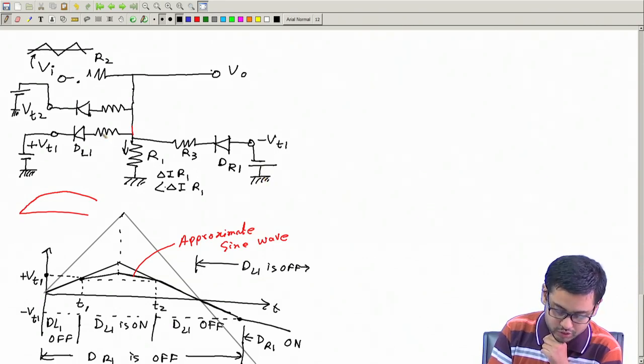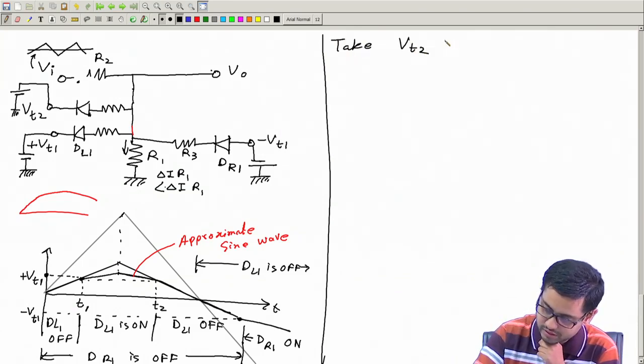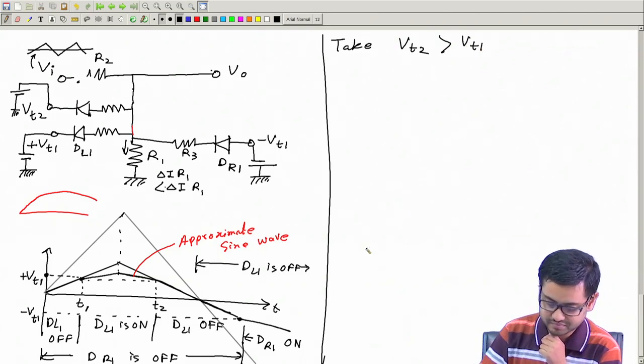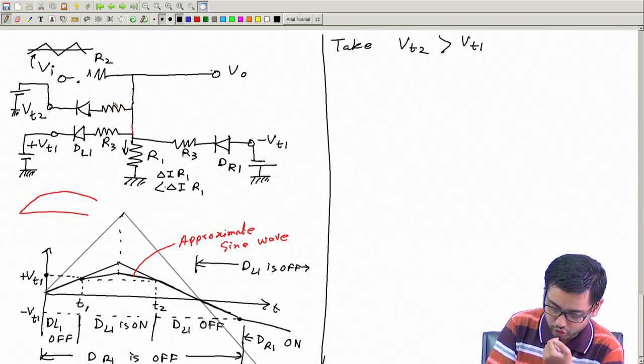Now what I will do, I will take VT2 greater than VT1. You can take R3, R4, or you can take them equal if you like.